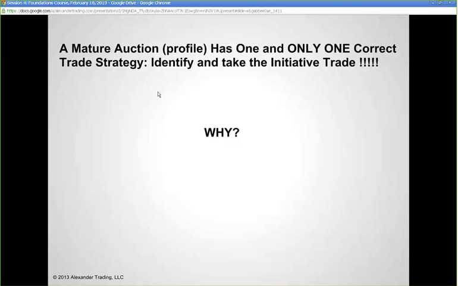This is one of the times where there really is one correct answer. You want to identify and take the initiative trade. This is one of those absolutes, and there are not too many absolutes in discretionary trading. This is one of them.